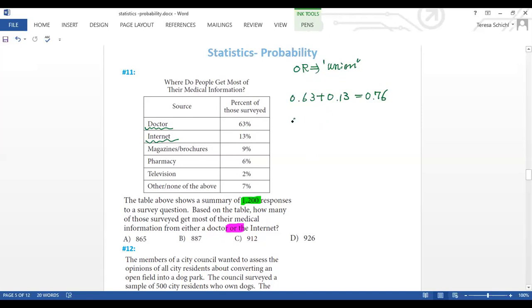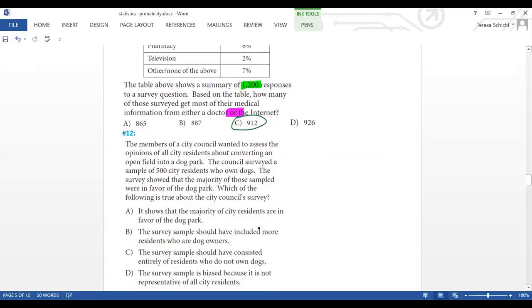So you say 0.76 times 1,200, which makes sense. That is 912, so that means 912 people get their medical information from doctor or internet.